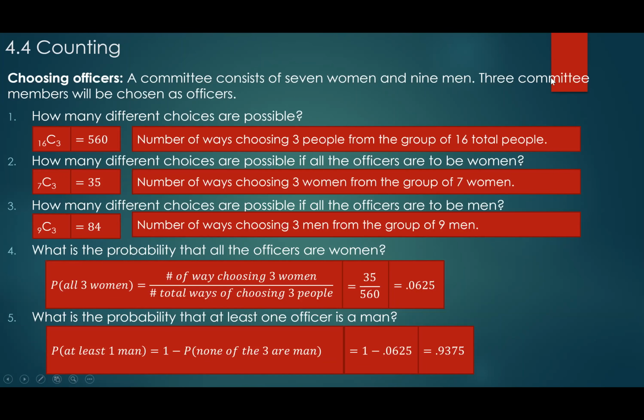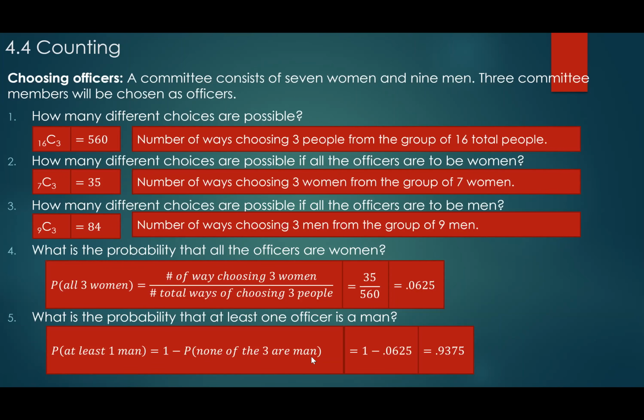So one thing, ladies and gentlemen: if you were to ask why it is not 84 over 560? Well, 84 over 560 is just the probability of all women.